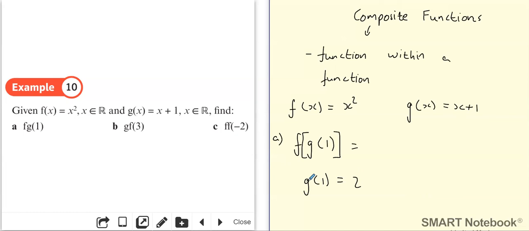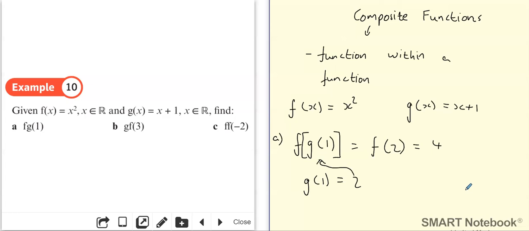So this then is the same as saying f of 2. And so f of 2 is what? So all we're doing is replacing g of 1 in here and working out f of 2. So f of 2, obviously, if your input is 2 here, you're going to do 2 squared, which is 4.